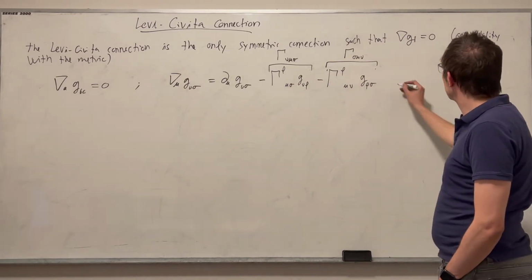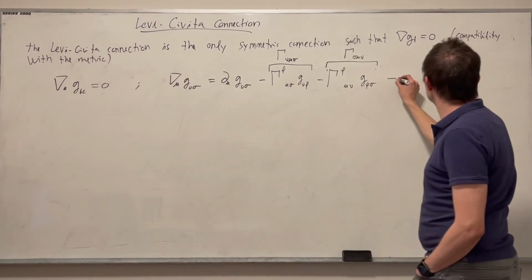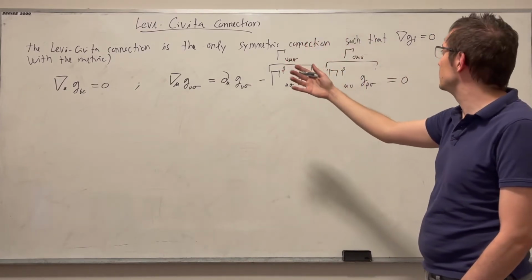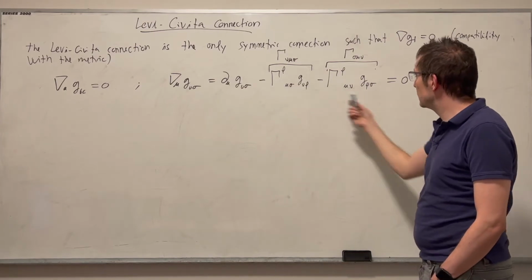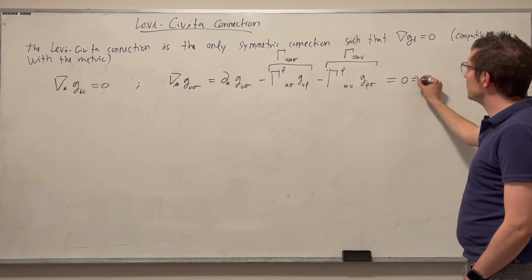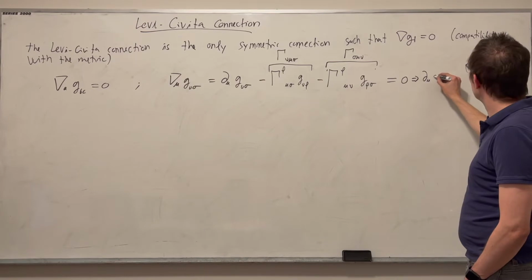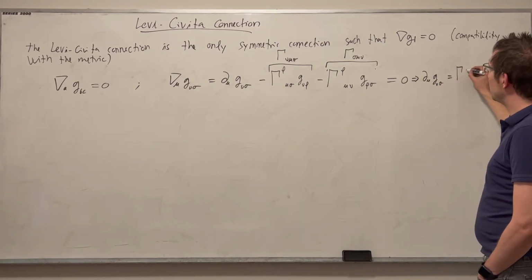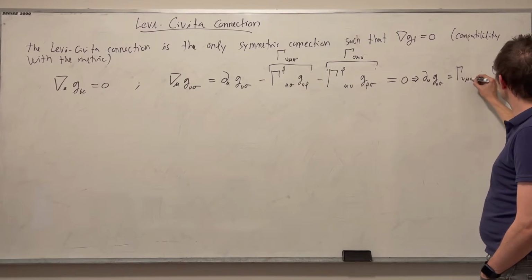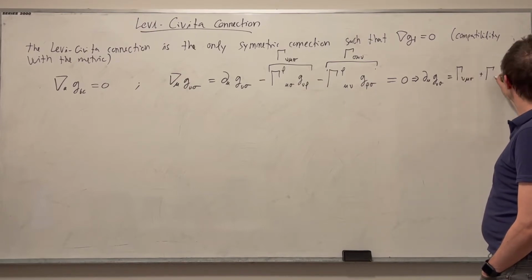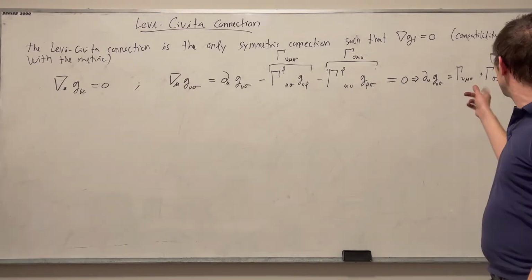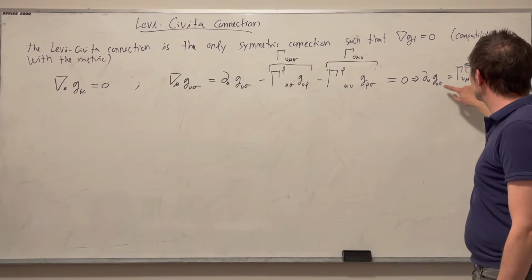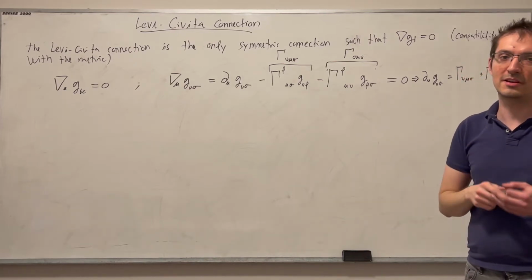So if we write that, and we know that this thing is equal to 0 for the Levi-Civita connection, we get the relationship that ∂_μ g_νσ is equal to Γ_νμσ plus Γ_σμν. Now, this equation actually allows me to fully determine the coefficients of the connection in terms of derivatives of the metric and the metric itself.